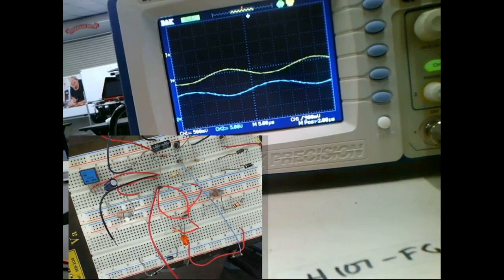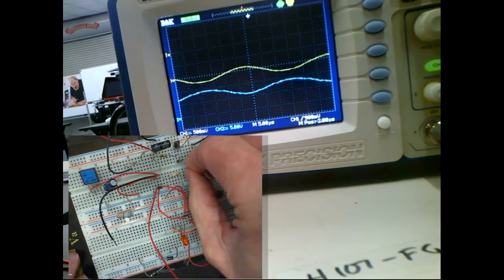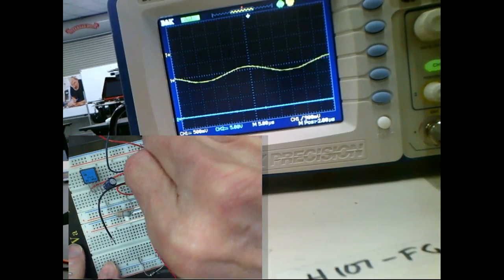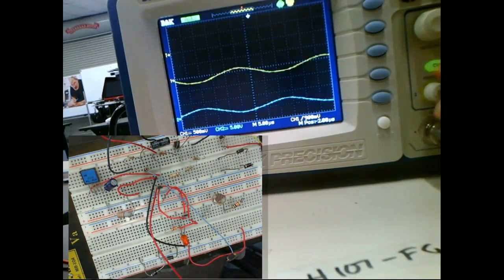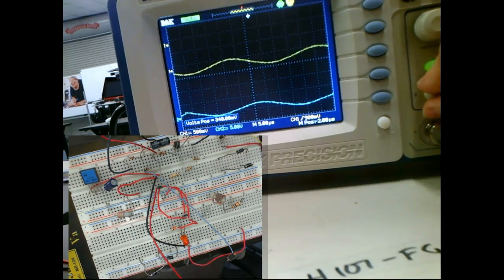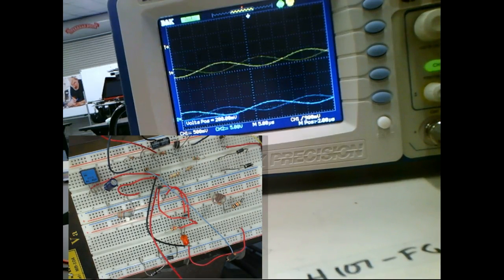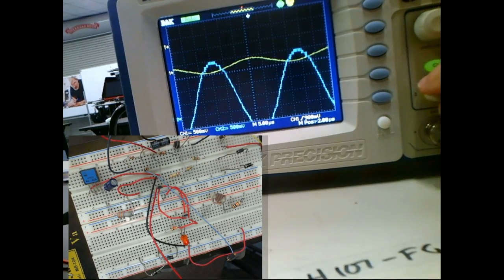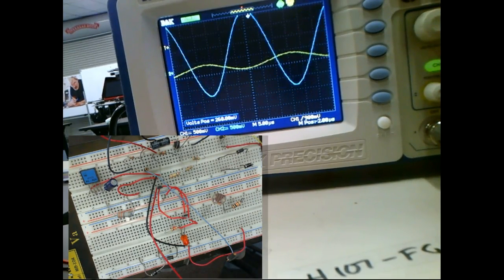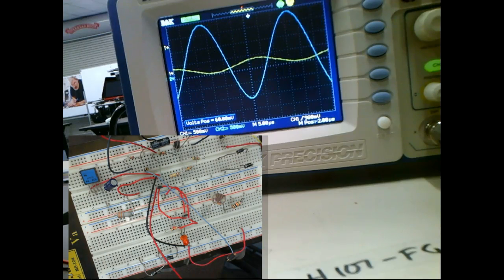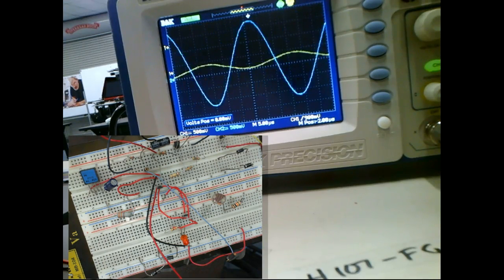Now it sees it as AC. I'm going to take my channel 2 and put it across out on the output capacitor. And now it's seeing AC too. So what I can do now is come over here and start turning these things up. Just put them on top of each other. I'm going to put it on the center line.